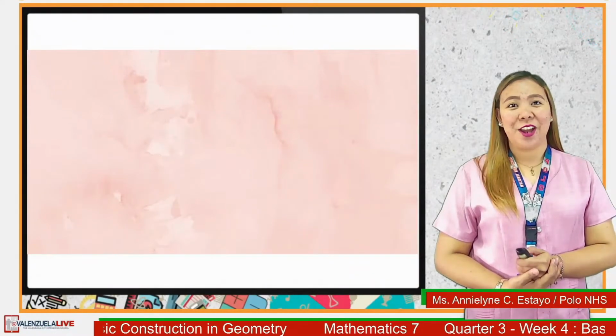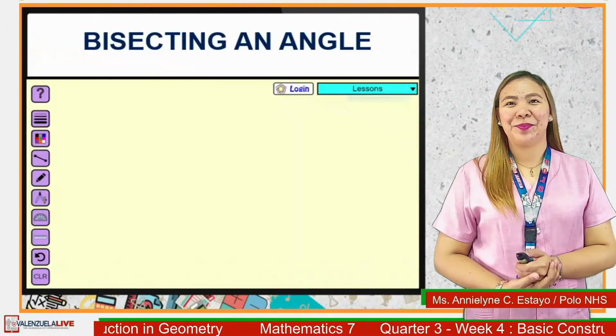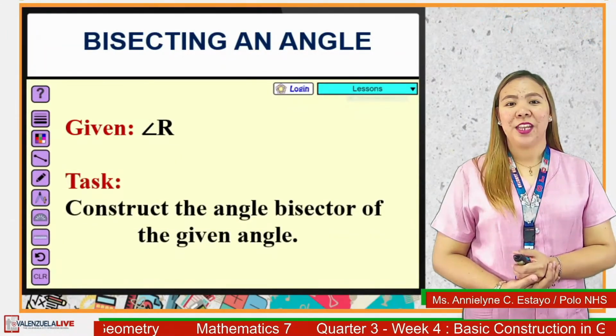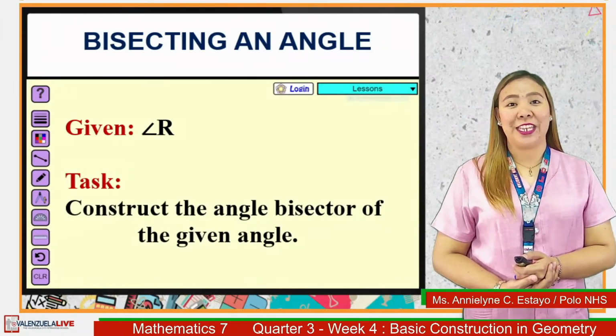The fourth construction is on how to bisect an angle. The given is angle R, and the task is to construct the angle bisector of the given angle.